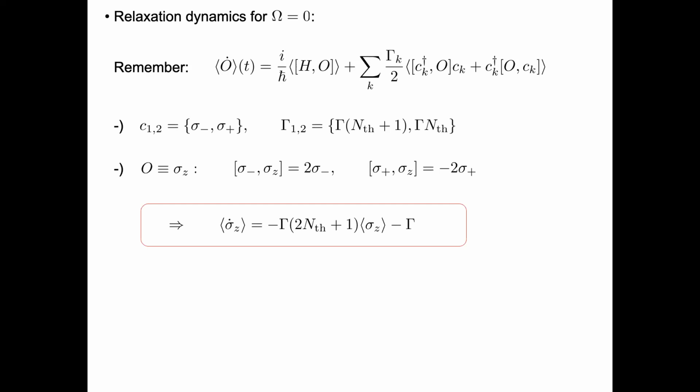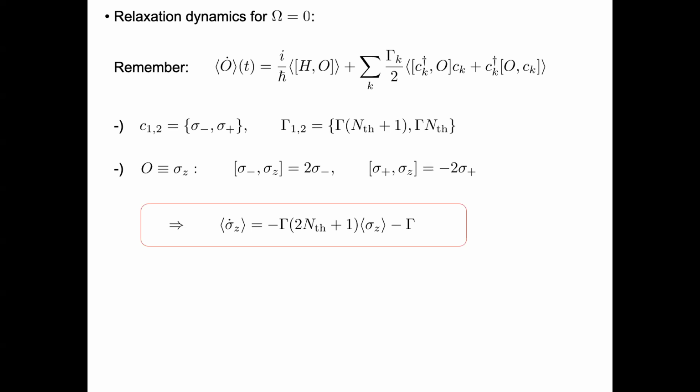If you then plug everything in, here we have no dynamics, omega is 0, delta is 0, so this term is gone. And from these two terms, we get contributions. For example, this first term, C dagger O C. I first plug in that my C operator is sigma minus.